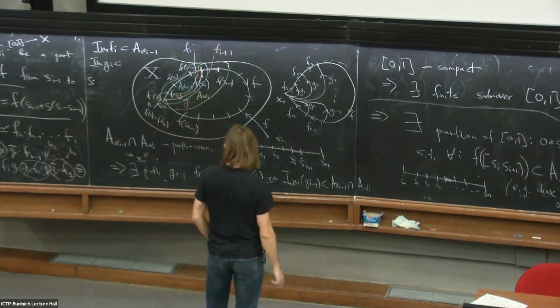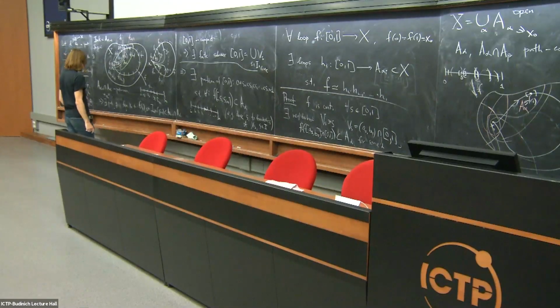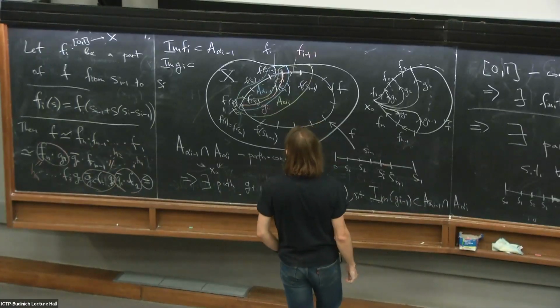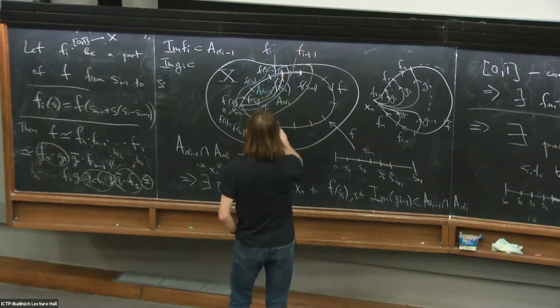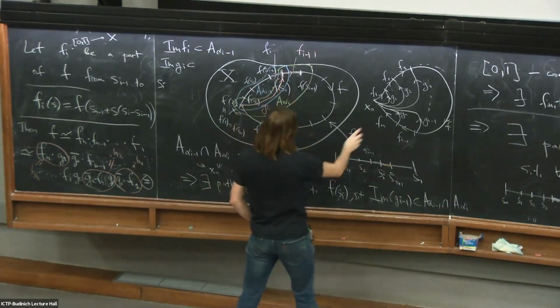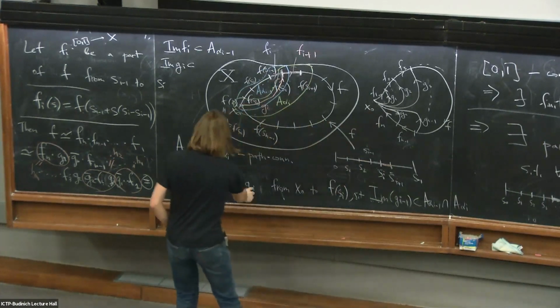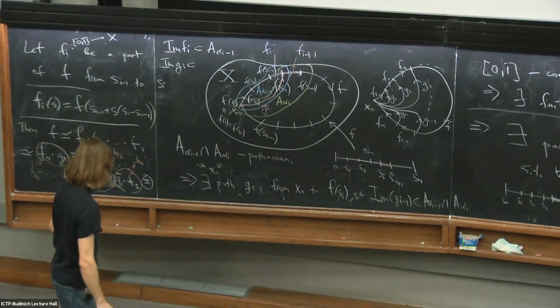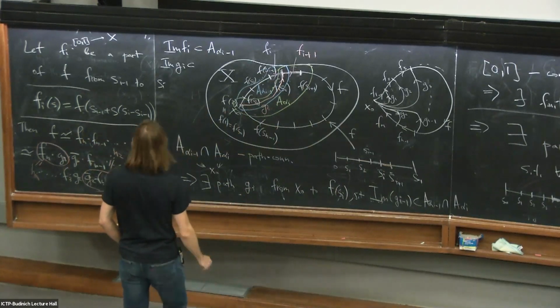For example, when i equals 1, this should be a path between F1 and F2. When i equals 1, this is G1, this should be F1, and this should be F2, right? So this is correct. Sorry, there should be minus 1 here. And okay, good.